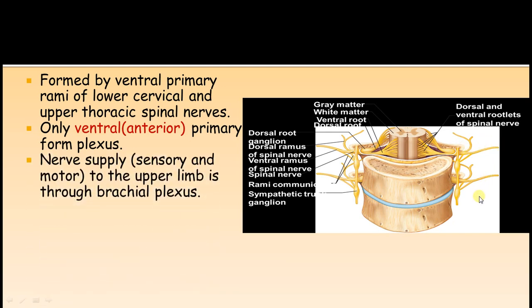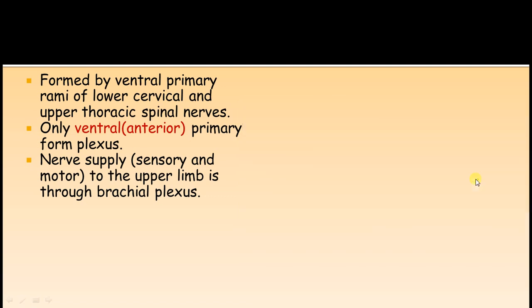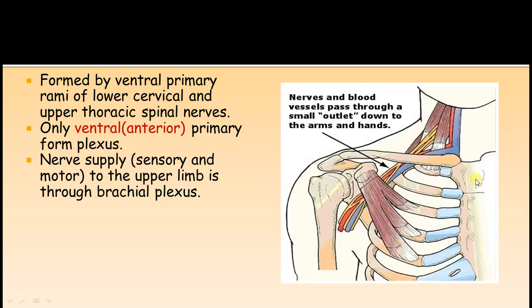Okay, so that is why we are discussing mainly the ventral primary rami, and how they are going to form the plexus. Here you can understand that the plexus is formed in the posterior triangle in the neck region, and from there they enter the axilla through a small opening which we have already discussed in our axilla class.